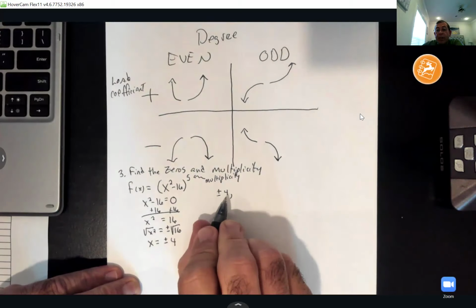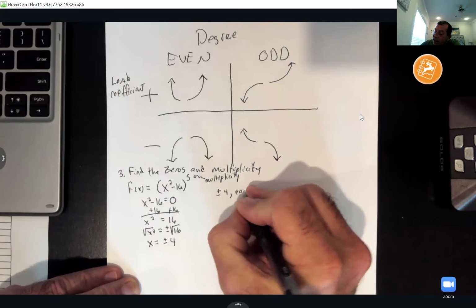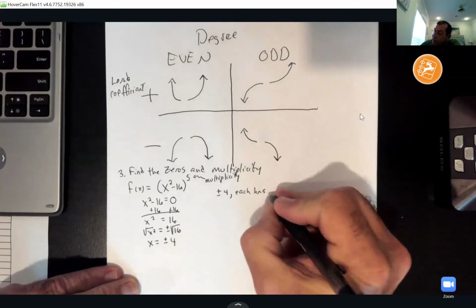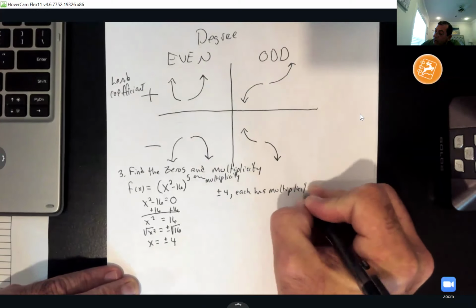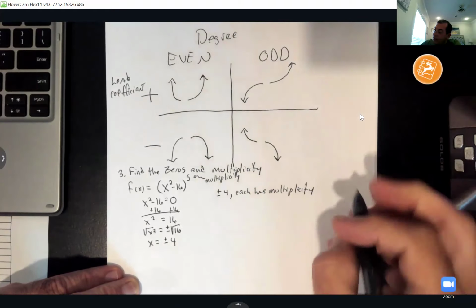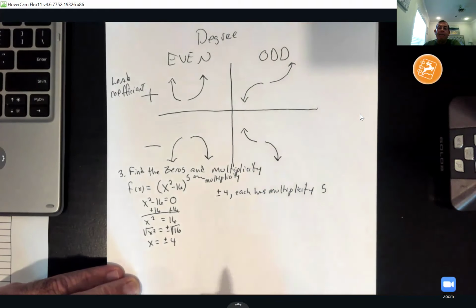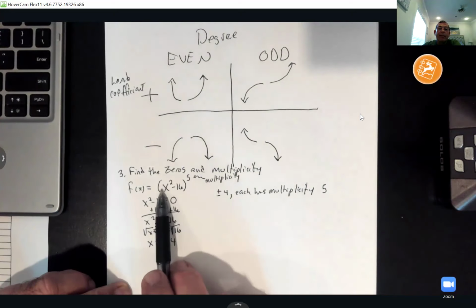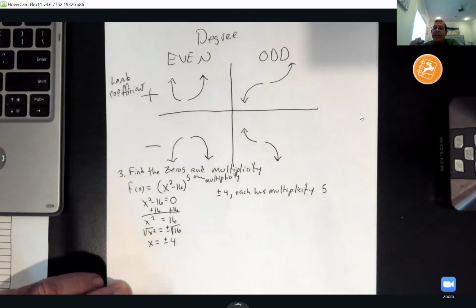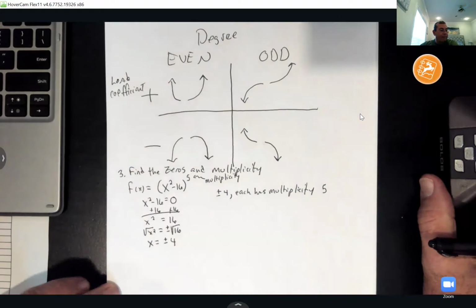Those are the 2 zeros, and each has a multiplicity of 5. So just remember, outside exponent multiplicity, zeros we find from the actual factors, okay?